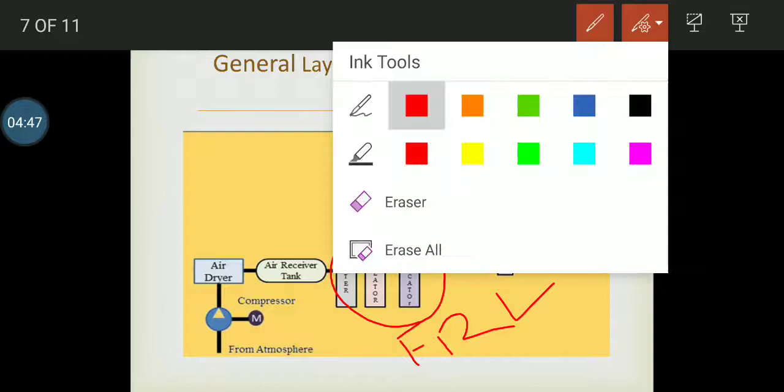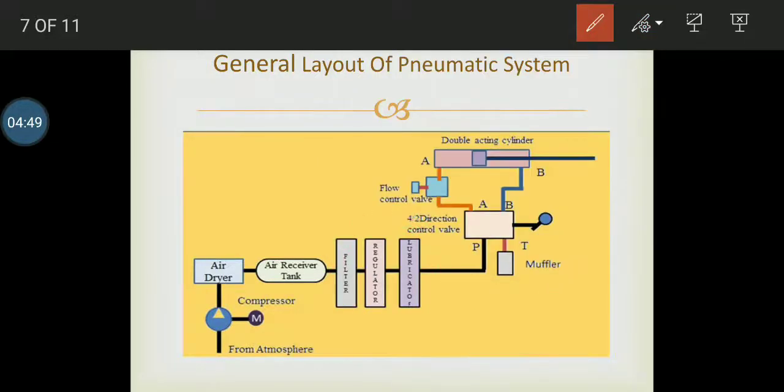FRL means filter, regulator and lubricator. These three sections are denoted to the pneumatic system, because the filter filters the air from the atmosphere, which contains some impurities, then it passes to the regulator, which regulates the air to a certain form.